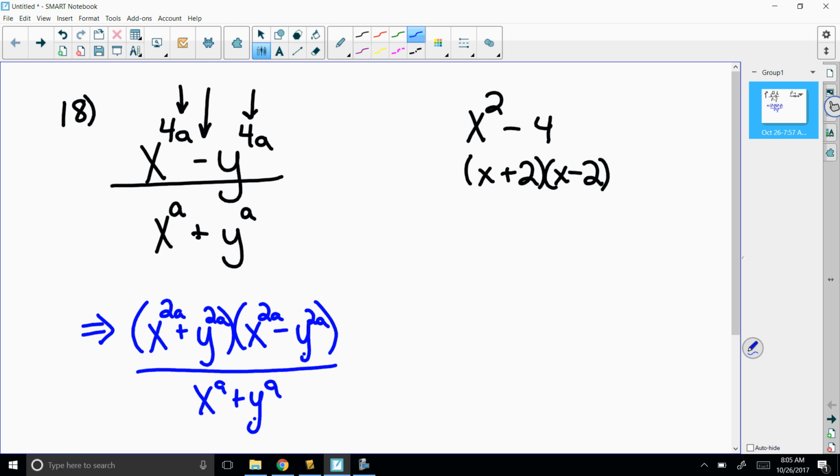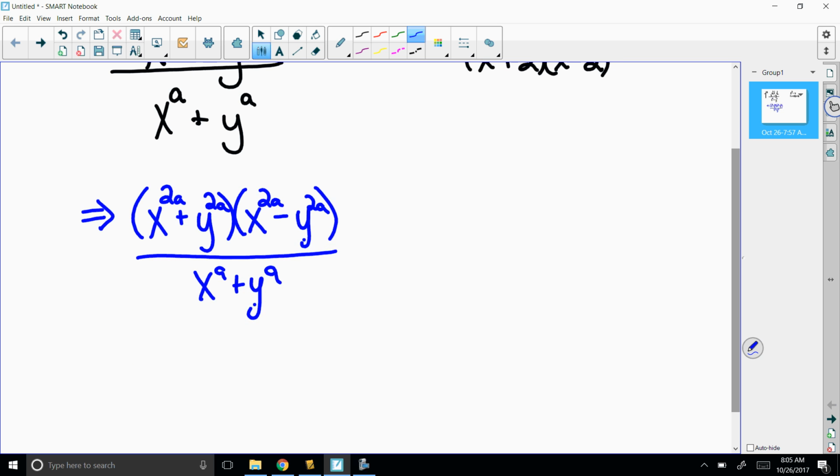But nothing cancels yet, right? However, if I were to look at that and look right here, that's the difference of perfect squares again. So I can factor that again. I'm still just going to have that x to the 2a plus y to the 2a.